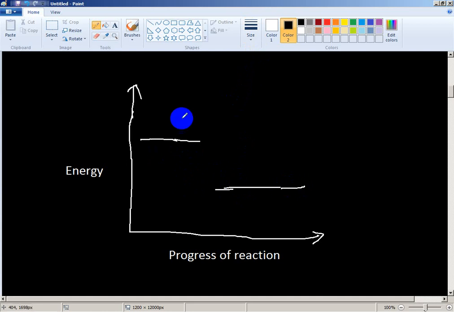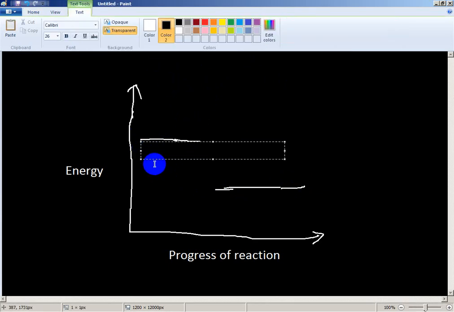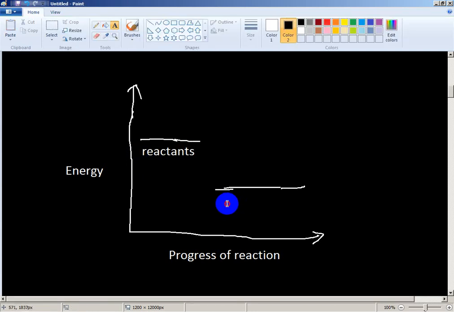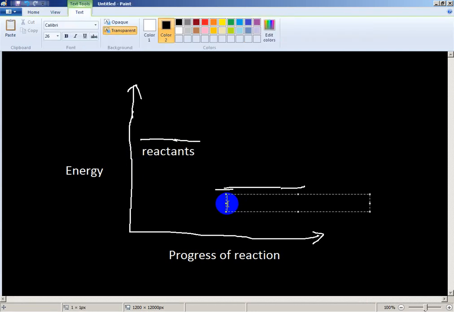The reactant energy is more than the product energy, so at the top I write the reactant energy for an exothermic reaction. Okay, this is an exothermic reaction.